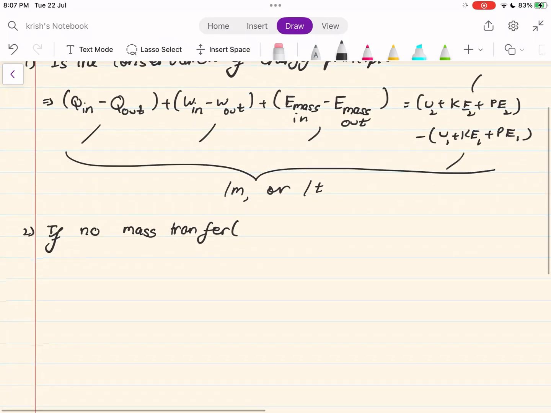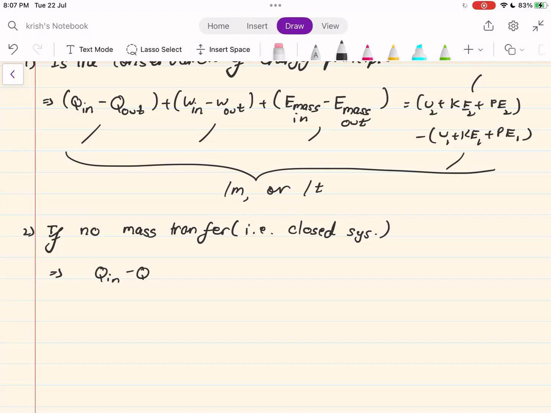If we have no mass transfer, which is what we have for now, that is a closed system, then we get q in minus q out plus w in minus w out equals this quantity.